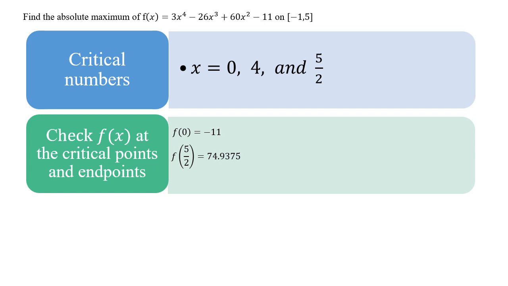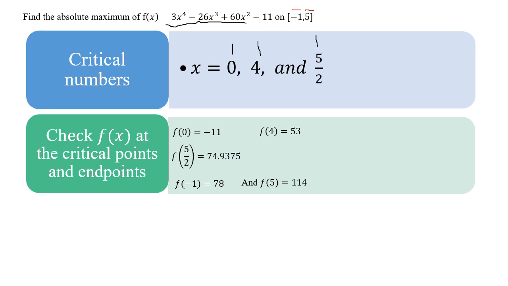So here I evaluated this function at 0, at 5/2, at 4, so I plug in 4 for x in my calculator, and I find f of 4 is 53. And then finally, we look at the endpoints of the interval, right here at -1 and at 5. At x equals -1, you can see this is 3 plus 26 plus 60 minus 11, you get 78.